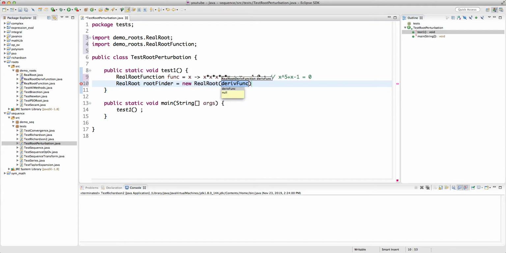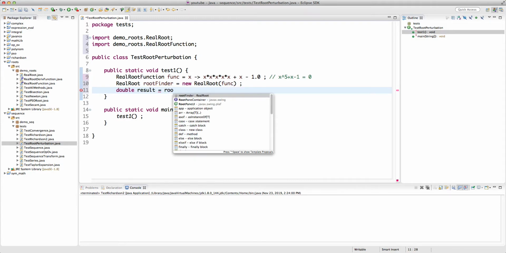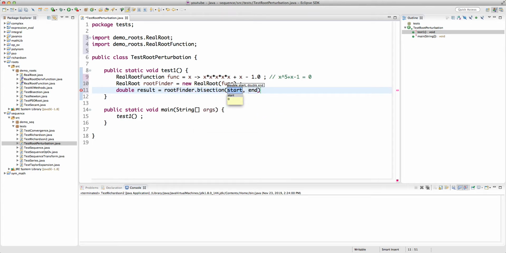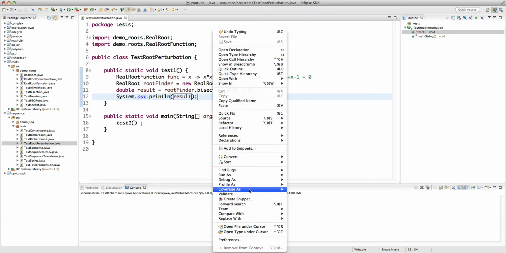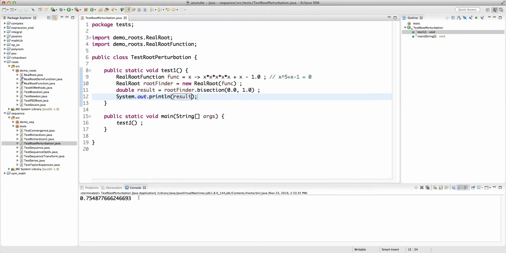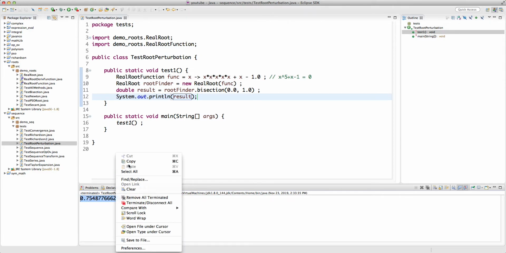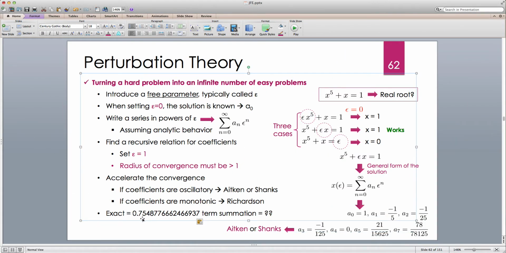So we pass in our function. Then double result equals root finder dot bisection, and we already know that the root is between 0 and 1, and then sys out result. So this is the exact result, 0.75487766. Let's copy this, put it here as the exact value.